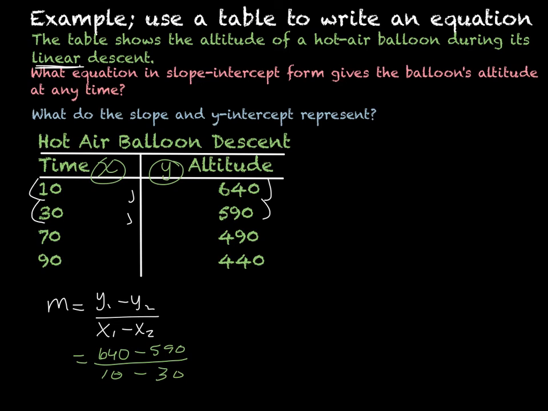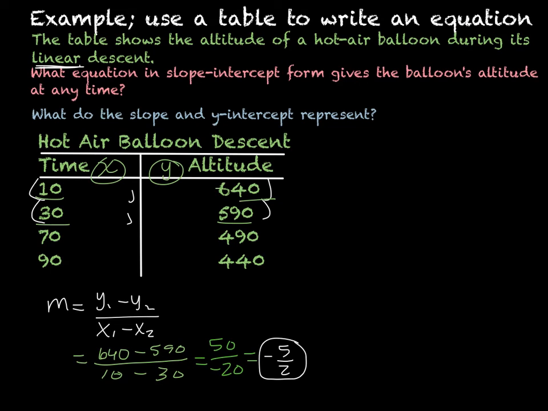So make sure you match them up. This is y1 over here, x1, x2, y2. Be careful of how you're doing that. And then that's going to be 50 over negative 20. And when I simplify that, I'll just get negative 5 over 2. And I want to leave that as a fraction because then it'll be easier for me to graph if I ever had to graph it. So now I have my m.